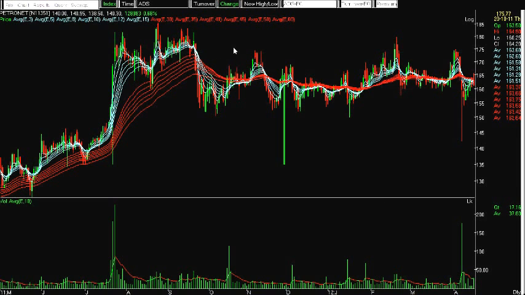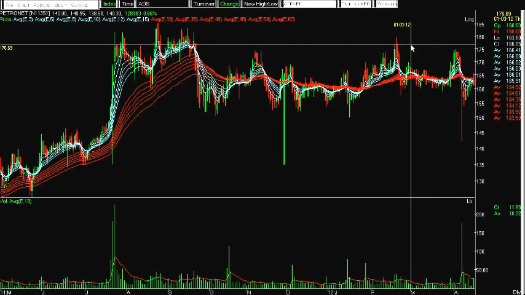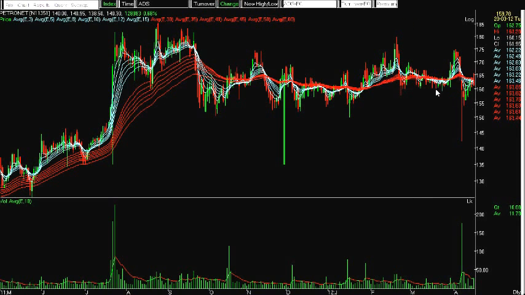From the 22nd of September till about the 18th of April this year, the stock was in a range of 153 to about 175. This is on a daily chart, so there is no good movement there. The stock was going up and coming down every few days. So as a trader, you don't want to trade such stocks.